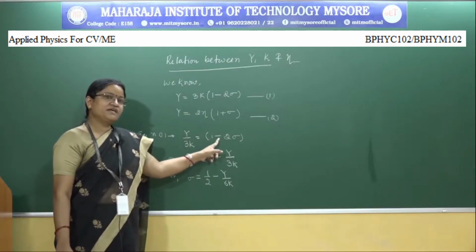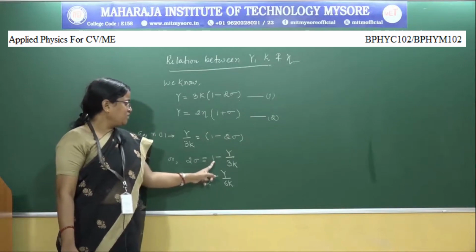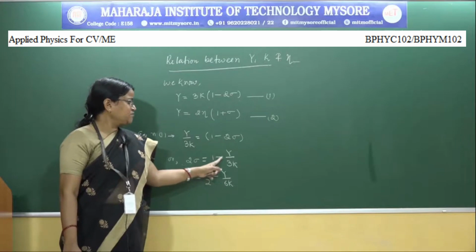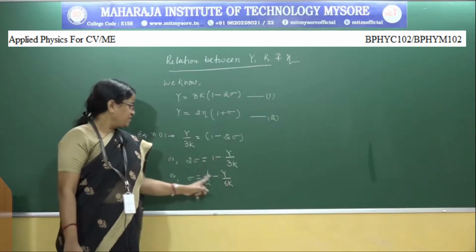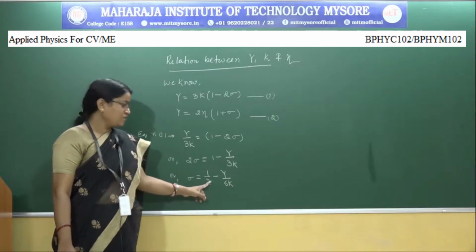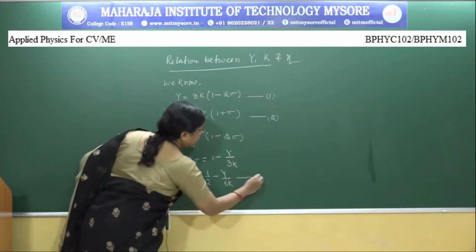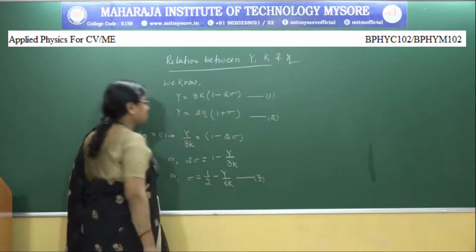To remove the negative sign, we get 2 sigma equal to 1 minus Y by 3K, and again if you divide by 2, sigma will be equal to 1 by 2 minus Y by 6K. Let us write it as equation number 3.